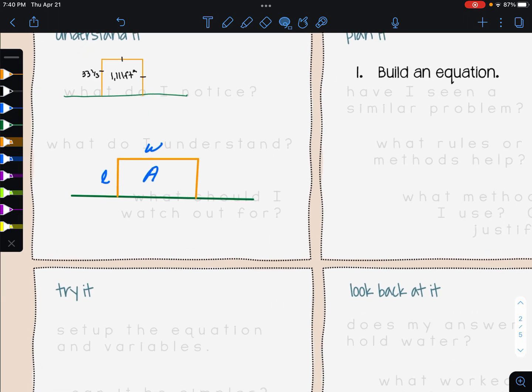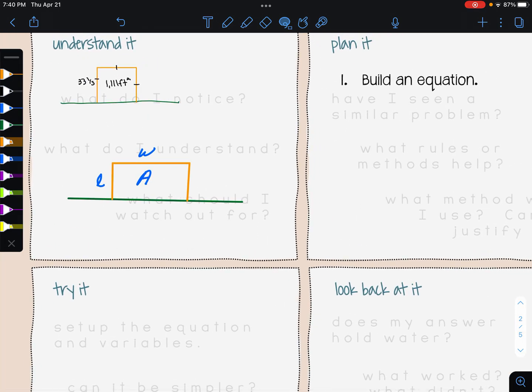And this is definitely doable by, let's use purple. So if we put the W in terms of L, we would do W is equal to, so remember we've got both of these sides are L. So W would equal 100, because that's the length of the wire, minus 2L.